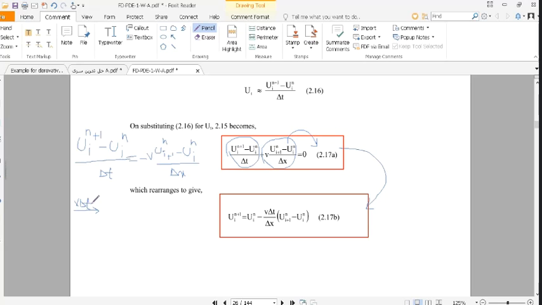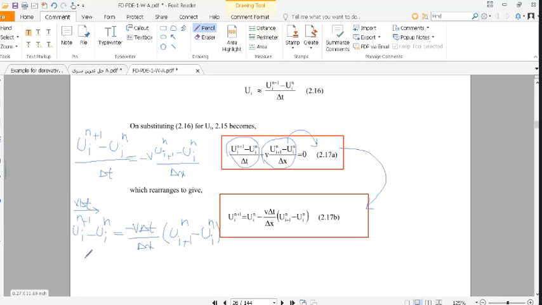After multiplying by delta t, we have u i n plus 1 minus u i n, and this term equal to minus v delta t over delta x, and then we have u i plus 1 n minus u i n. Okay?